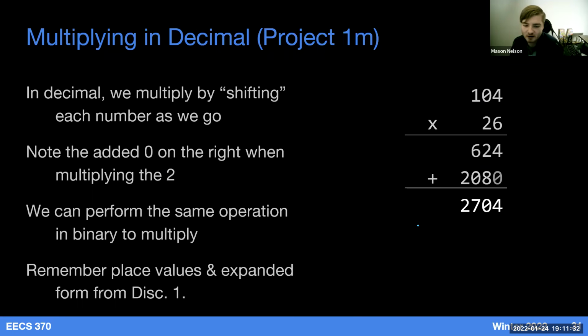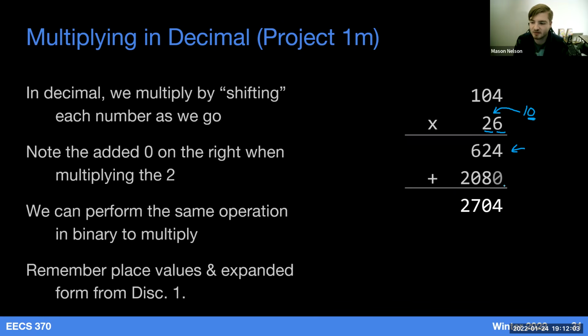When we do regular multiplication with decimal numbers, this is something that we learned in grade school, but it'll go something like this. So we'll pick one number that we're going to go digit by, and I'm going to pick this bottom one. So we have 26 times 104. And what we do, we take the top number, multiply it by the first digit, and then we store that result on a first line almost. Then we're going to add a 0 because the 2 has a place value of 10.